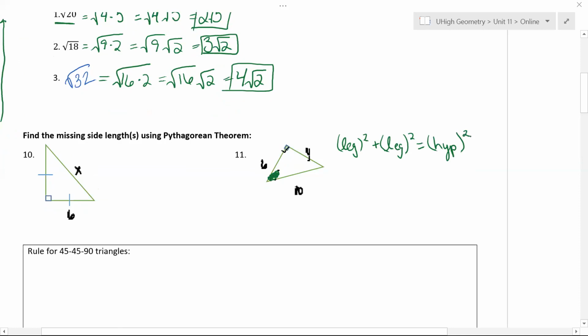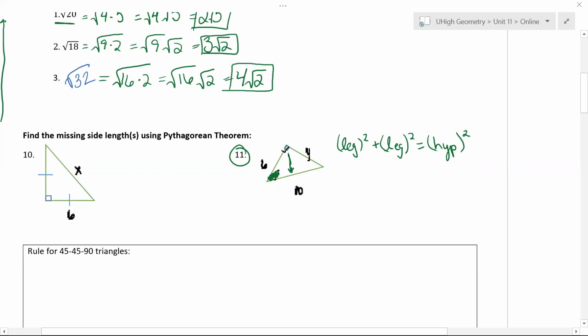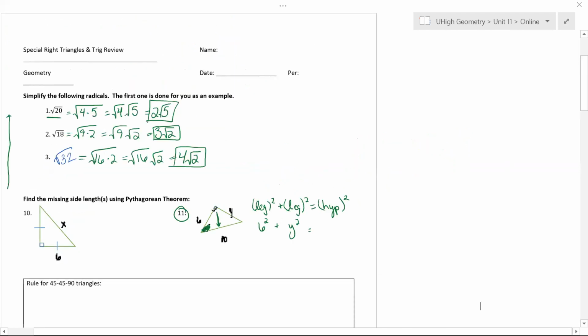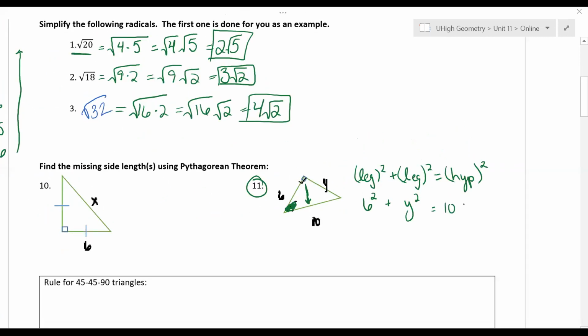If I'm going to do number 11 first here, I'm going to remember that my hypotenuse is whatever is opposite of my 90-degree angle. That means one of my legs is going to be 6 squared, plus my other leg here is y squared, equals my hypotenuse squared, which is going to be 10 squared.